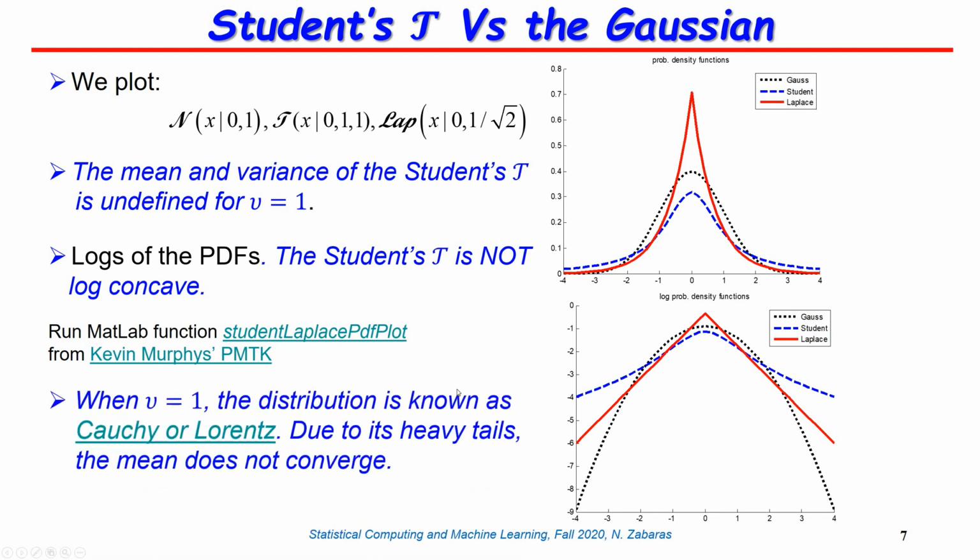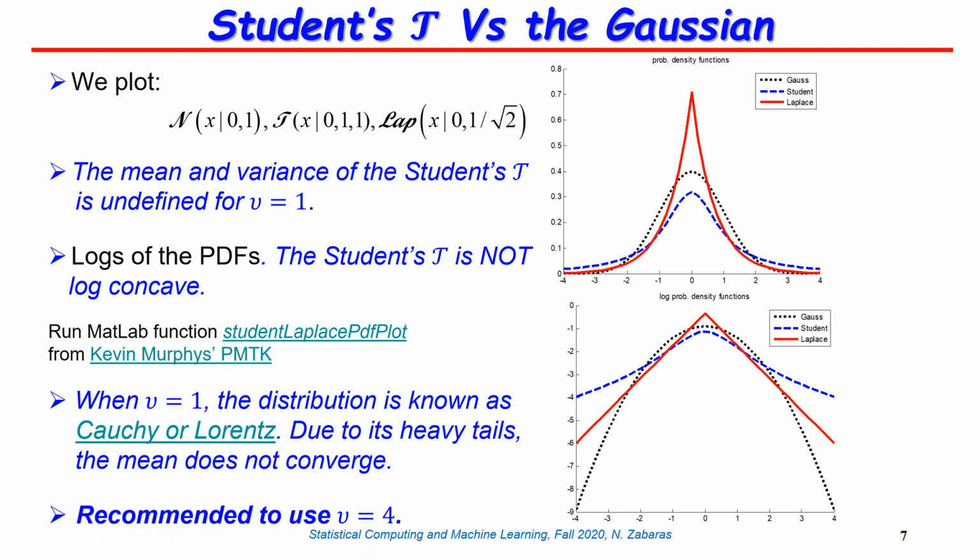Okay. I mentioned that when nu equal to 1, the distribution becomes the Cauchy distribution. Actually, you can take this also as a definition of the Cauchy distribution. And I already mentioned that for nu equal to 1, so for the Cauchy distribution, due to the heavy tails, the mean doesn't converge.